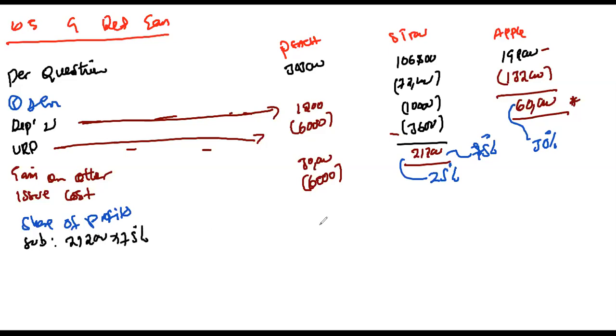So what's our share as a parent? 15,900. Then for the associate, 60,000 multiplied by the 30%. How much is that? 18,000.